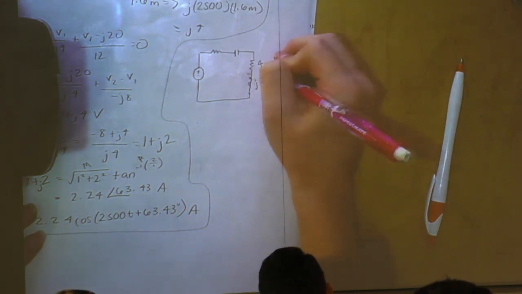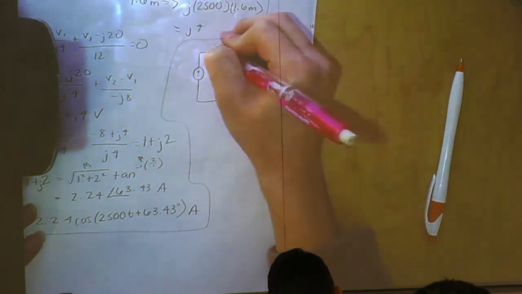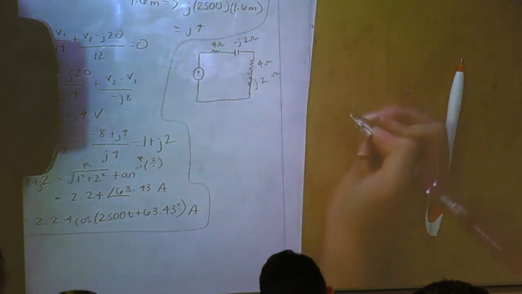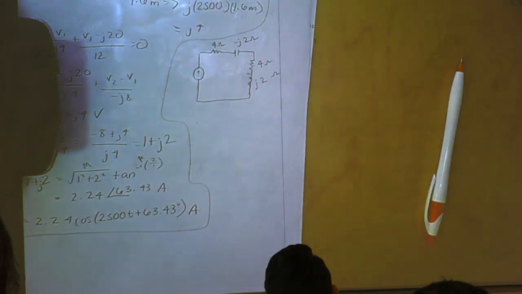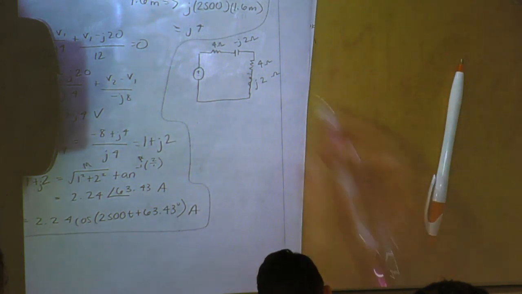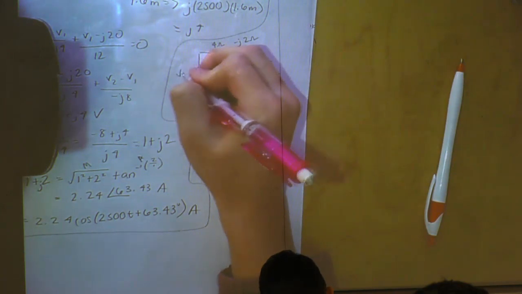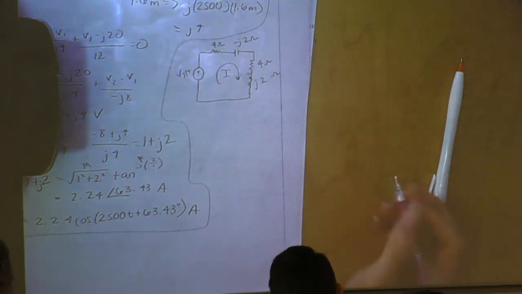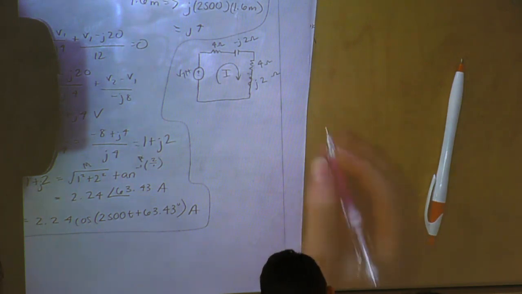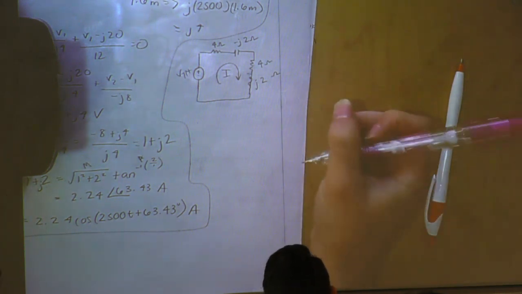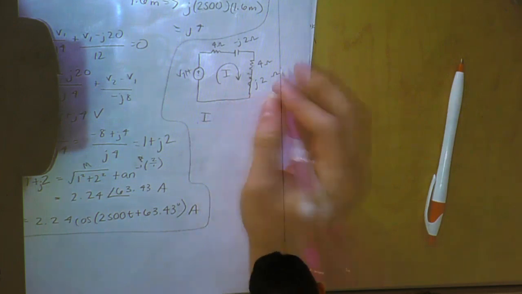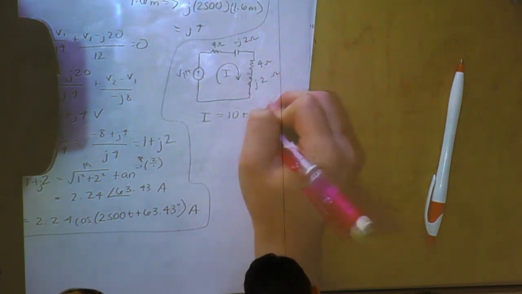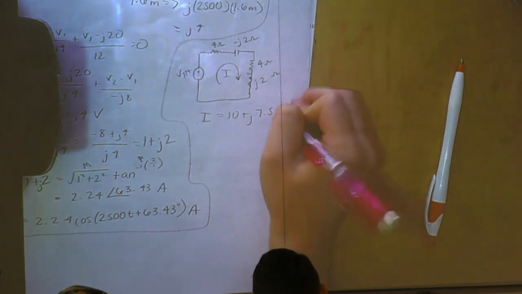J2.4 ohms. So then again, this is our VTH. We would just do a current to find... should come out to 10 plus J7.5 in RMS.